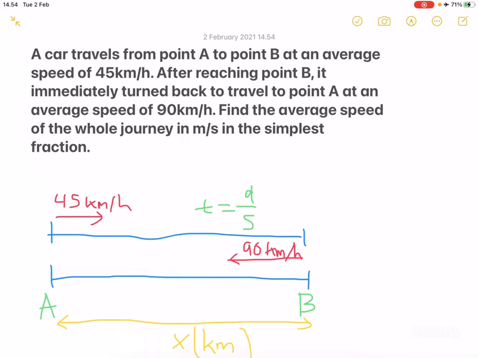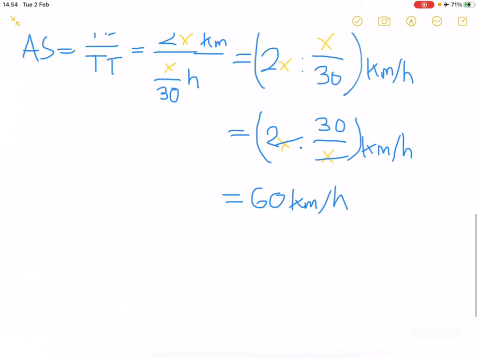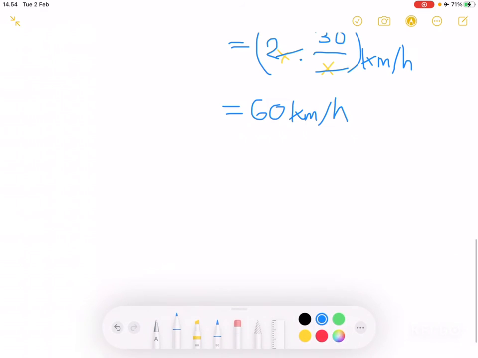is asking us to find the average speed of the whole journey in meters per second. So we need to convert 60 kilometers per hour into meters per second. We can write this in fraction form, and since we want this in meters per second, I'll write meters on top.